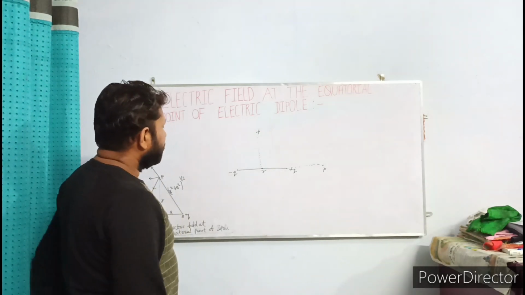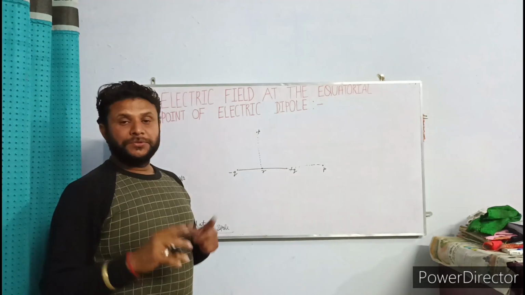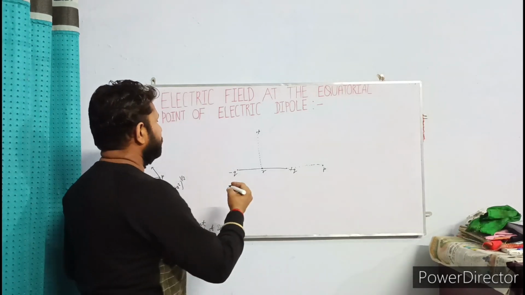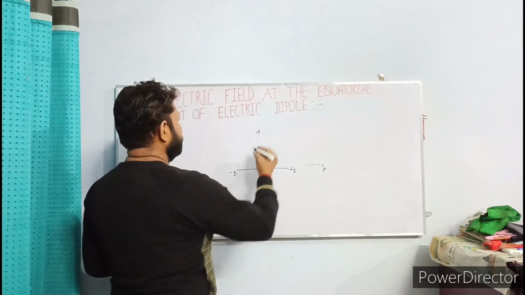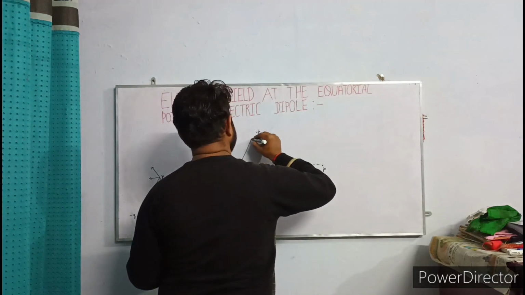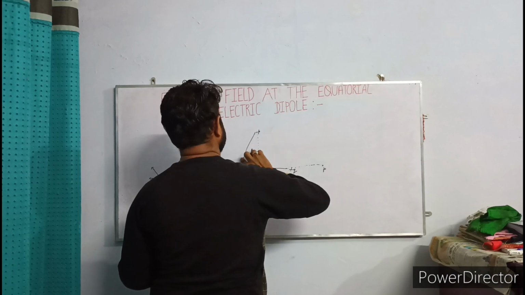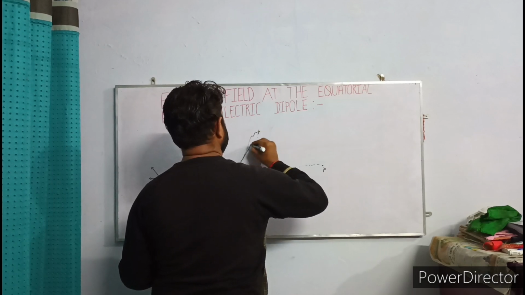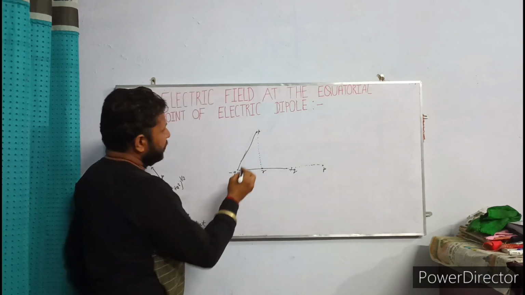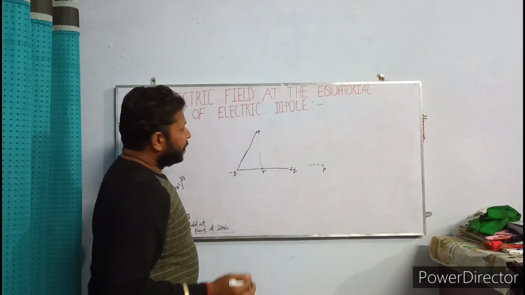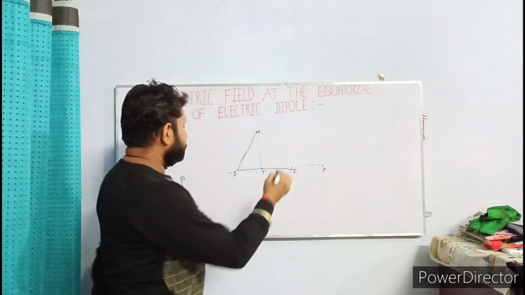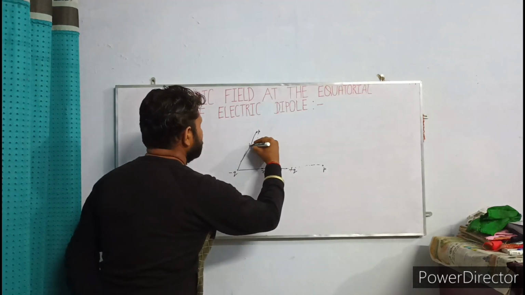So as we know, the electric field due to minus q charge, when we connect this, here we can see that the direction of the electric field is towards the charge, this side.